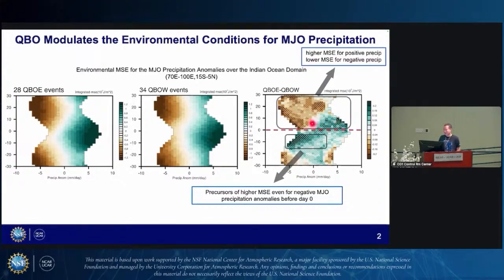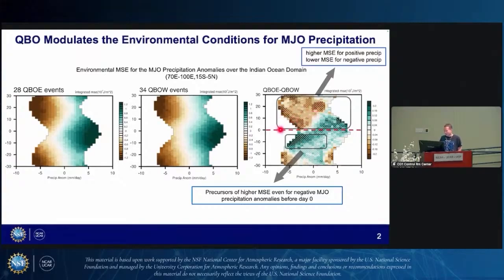And the MJO therefore becomes more mature and more efficient in removing that MSE anomaly in the QBO easterly phase than in the QBO westerly phase. And if you are familiar with MJO dynamics, this is actually a very favorable condition for the MJO to develop.